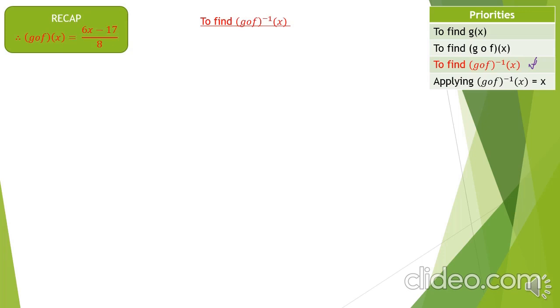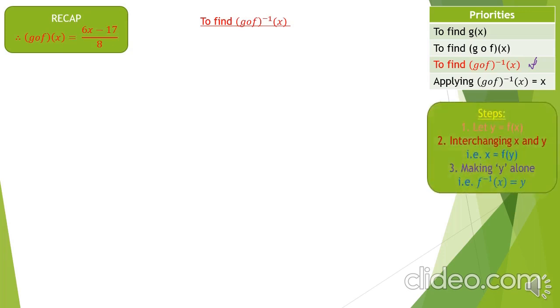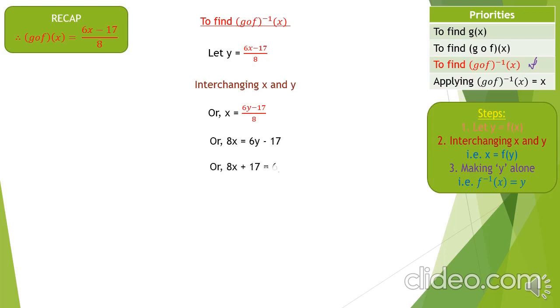Let y be equal to (6x - 17)/8. Interchanging is the next step, and on interchanging, x is equal to (6y - 17)/8. On cross multiplication, 8x is equal to 6y - 17. On making y alone, 8x + 17 equal to 6y, so (8x + 17)/6 is equal to y.